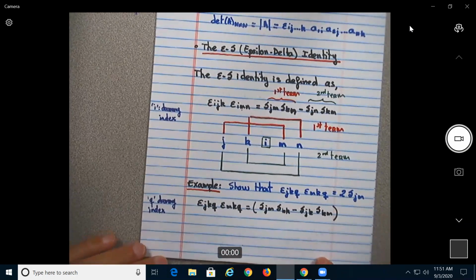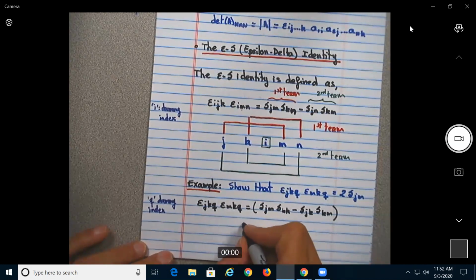I want to give you a few seconds to digest this, okay? You see, this one is at the end, but it could be at the beginning, all right? So I did this one with this one, times this one plus this one, and now I switch. I do this one times the K plus the K times the M, all right? So this will be equal to what? We know this is equal to delta Jm.